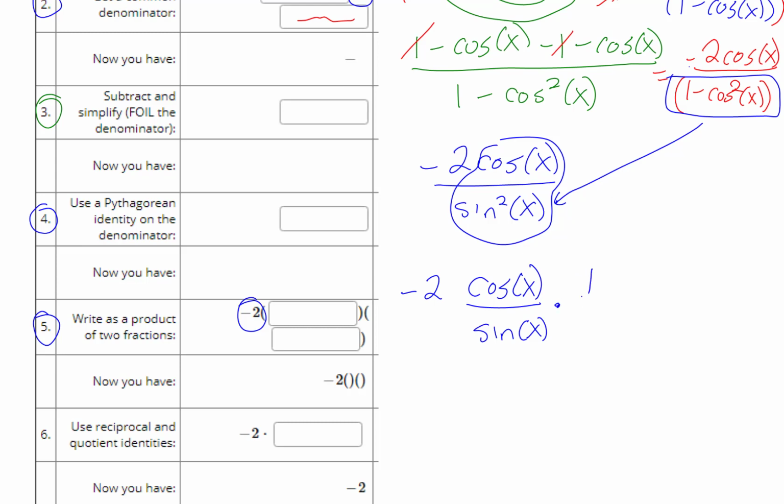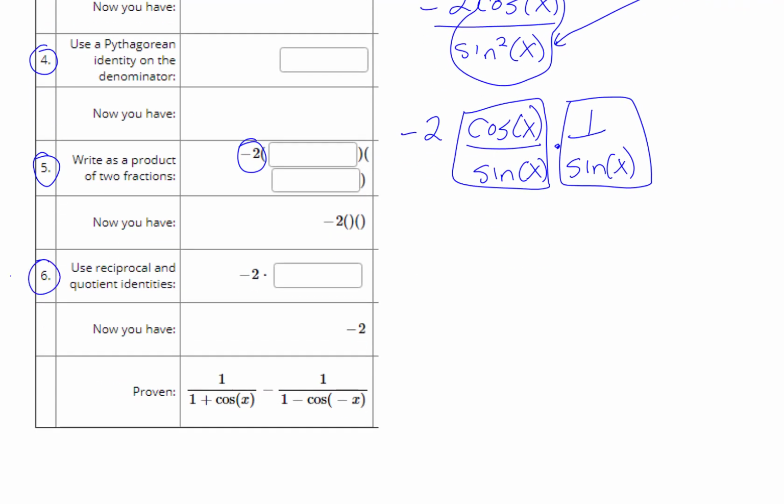We could multiply that by 1 over sine x. Now, if you look here, they have parentheses for the multiplication. So in the first box, you could fill this in, and then in the second box, you could fill that in.